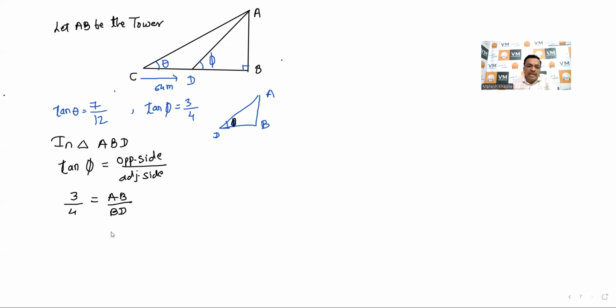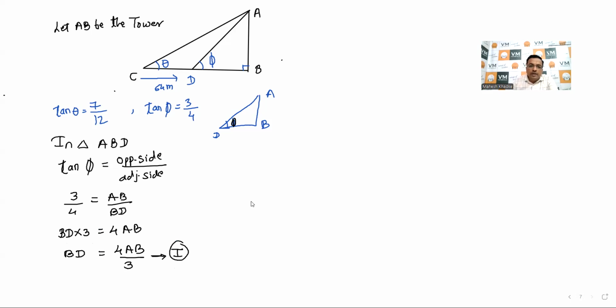We have to find AB, so we will find the value of BD with respect to AB. Cross multiply: 3 into BD, and 4 into AB. So BD is equal to 4AB upon 3. This is equation number 1.